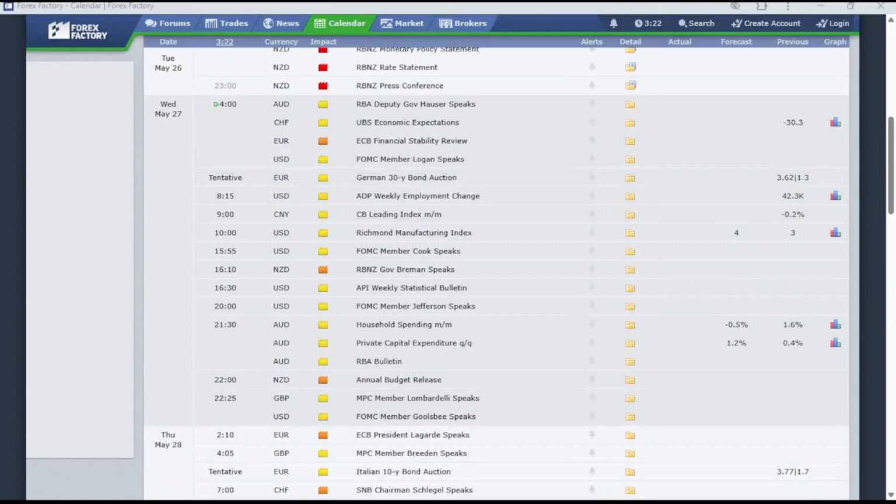Or is it price respecting this order block? Price is actually consolidating.